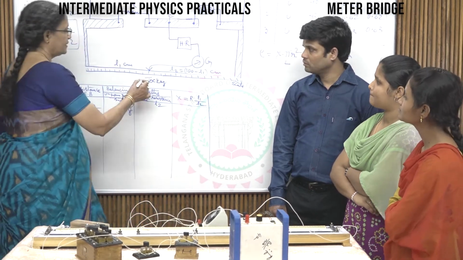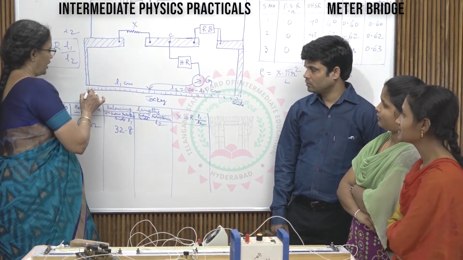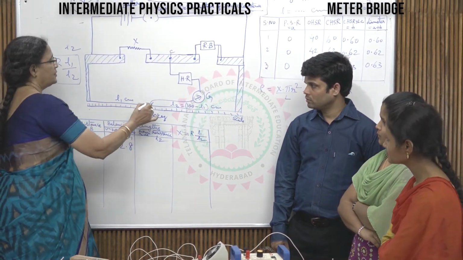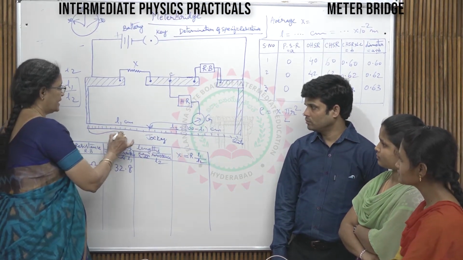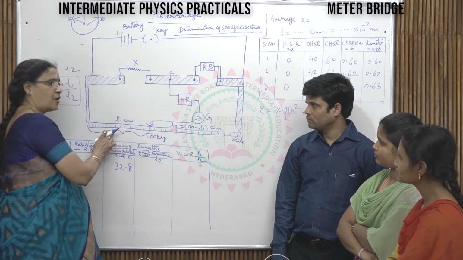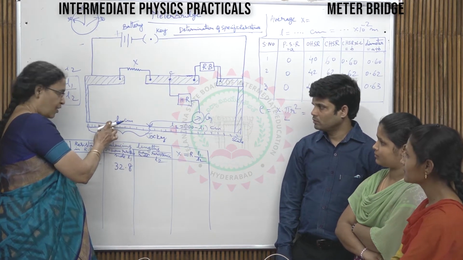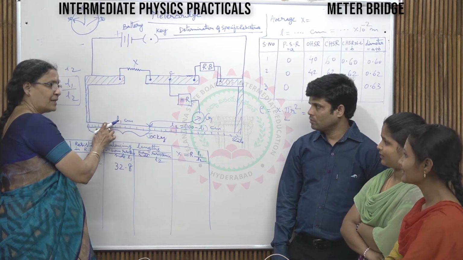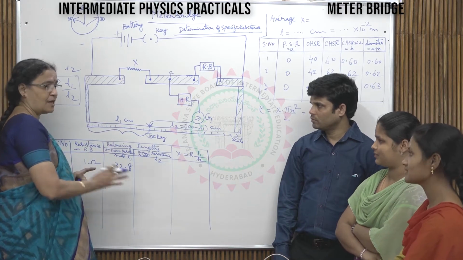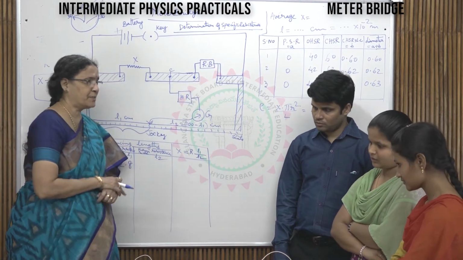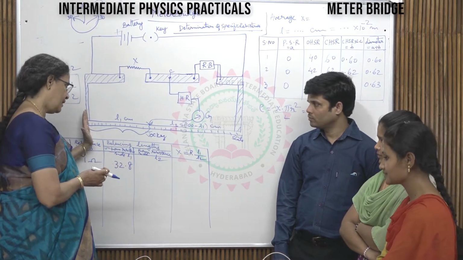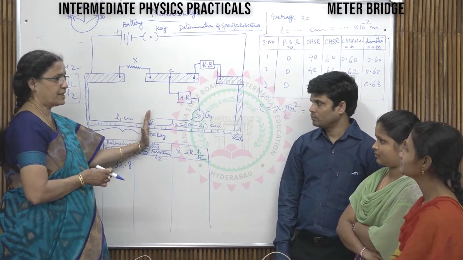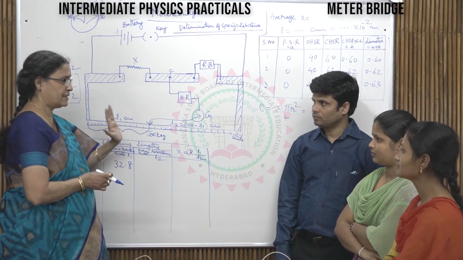From the starting point A to this point where I'm getting 0 deflection, this reading I'm taking as L1 centimeters. What is the total length of the meter bridge wire? 100 centimeters. So from here, where I am getting 0 deflection, that is L1 centimeters.